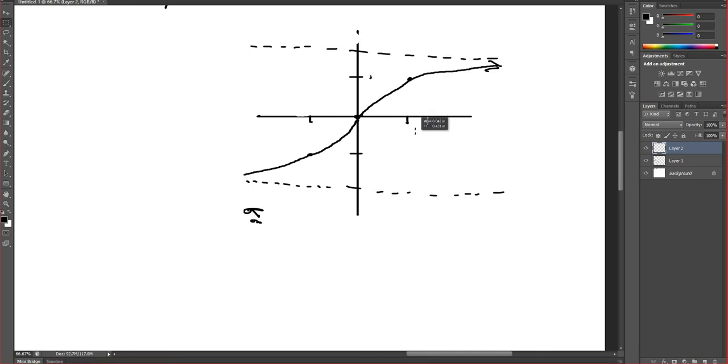So this becomes our graph for tangent inverse. I just took it and mirrored it, so it looks a lot like the tangent function, just rotated a little bit, which it should.